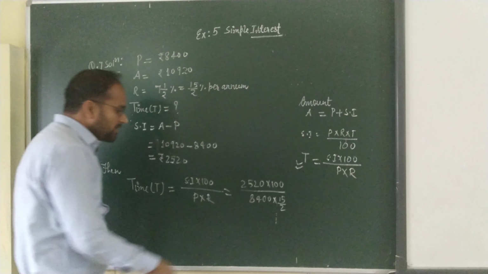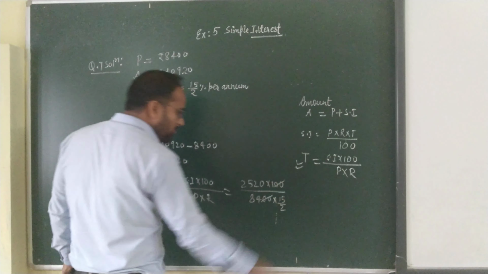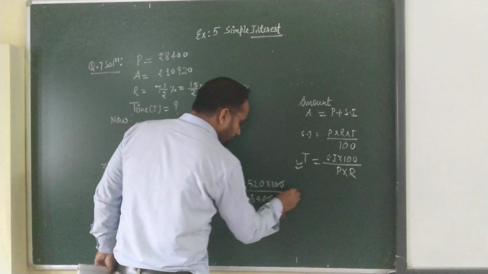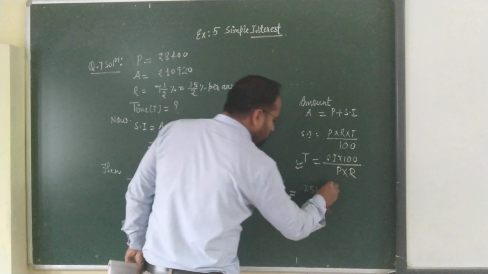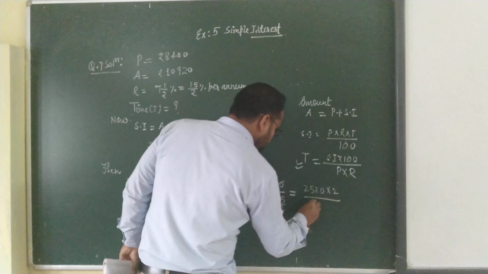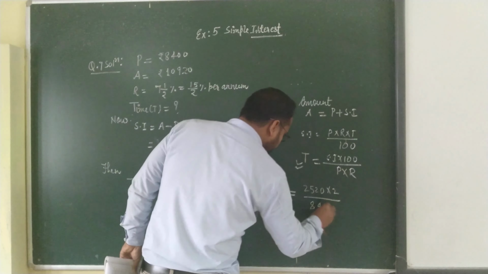So here you see, the 0 is cancelled out with the 0, and in the next step, 2,520 and the 2 in the denominator goes to the upside in the second place. So you will get 84 multiplied by 15.